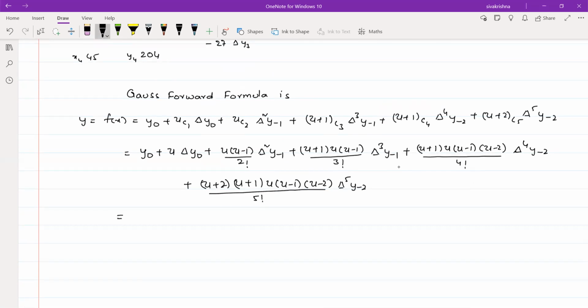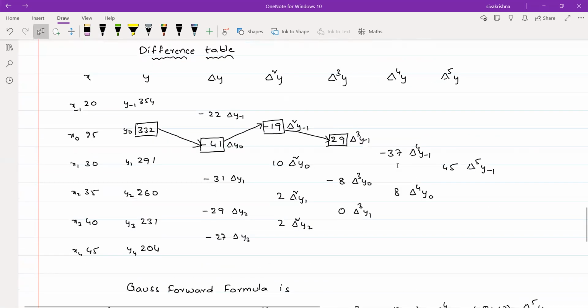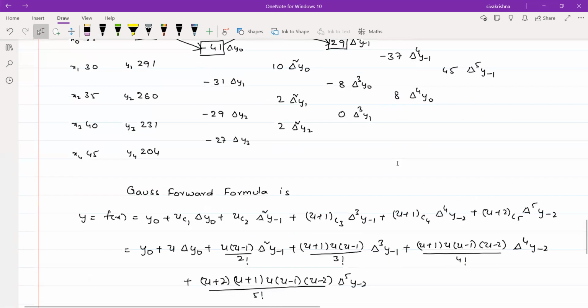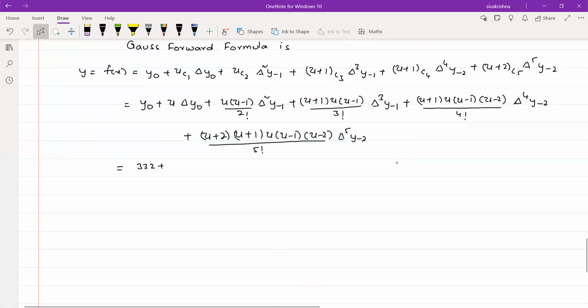This is equal to, I have already rounded the value of y naught, that is nothing but 332. I have already found the value of u, and the value of u is minus 0.6. So this is minus 0.6 into delta y naught, which is minus 41.